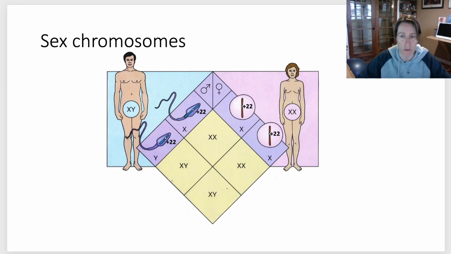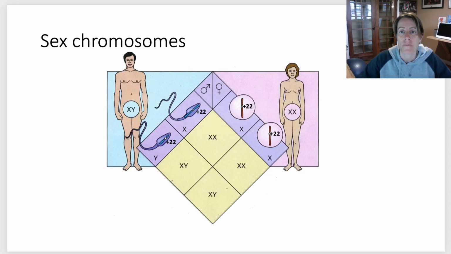They have 46 chromosomes, 23 pairs of chromosomes. And the last pair, the 23rd pair, is the sex chromosome. So pairs 1 through 22 are the autosomes, and the last pair, the 23rd pair, is called the sex chromosomes, and they exist as either X chromosomes or Y chromosomes.